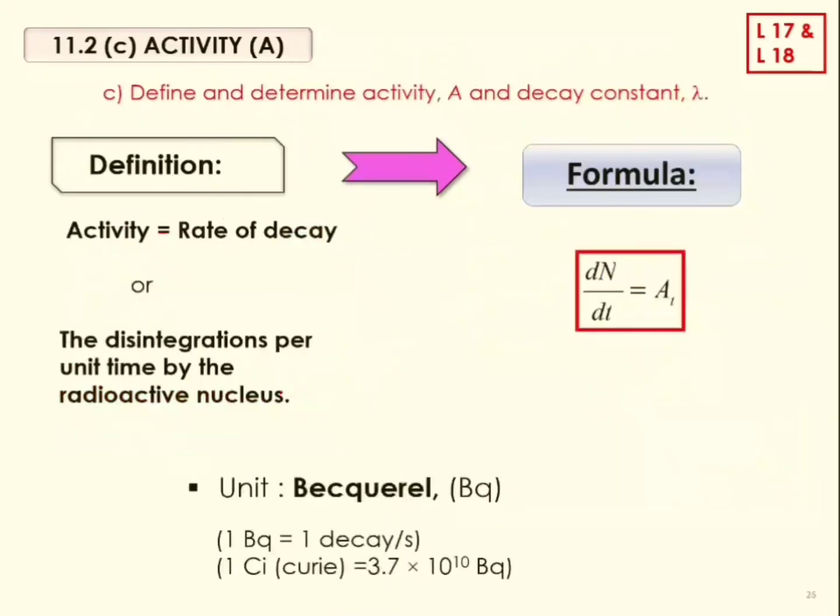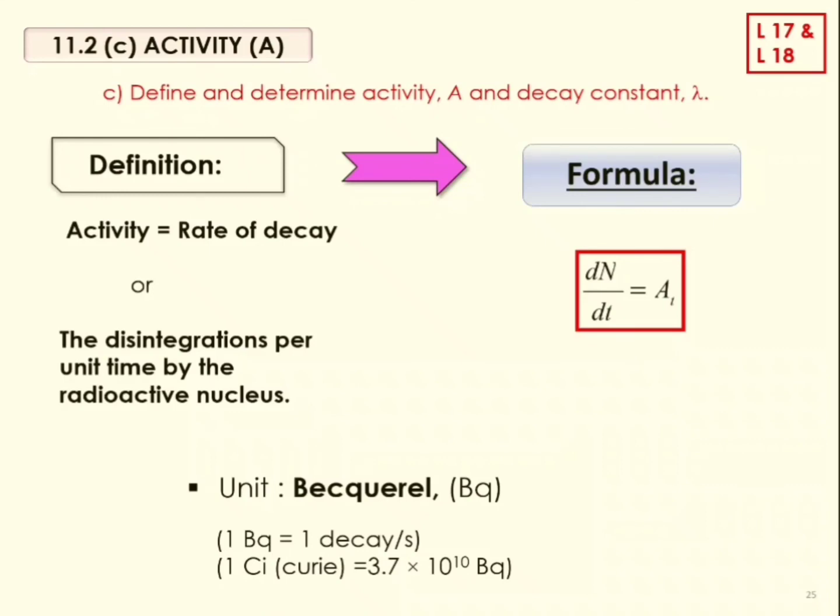Next, we are going to define and determine the activity and decay constant. The definition: activity is equal to the rate of decay, dN over dt equal to A. We also call it the disintegration per unit time by the radioactive nucleus.